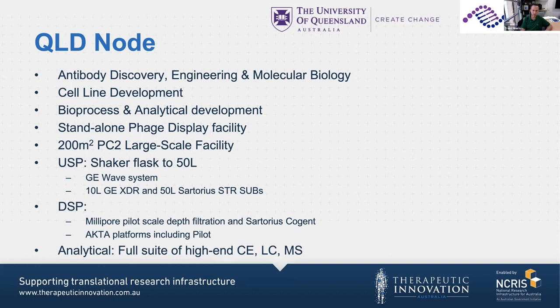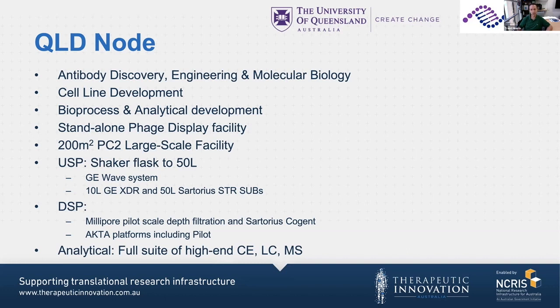So we've got the full suite of analytical equipment, whether that be capillary electrophoresis techniques, whether that be UPLC. And we also have a node of the Bioplatforms Australia group here, which has a massive mass spec facility with really high-end, high sensitivity mass spectrometry capability, as well as another facility that's UQ owned.